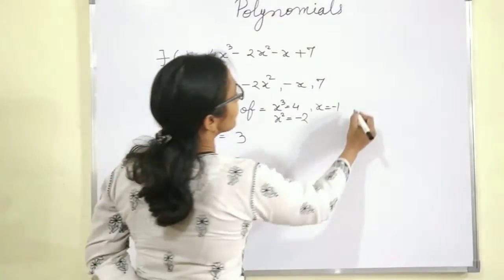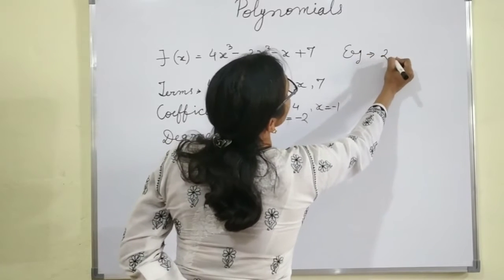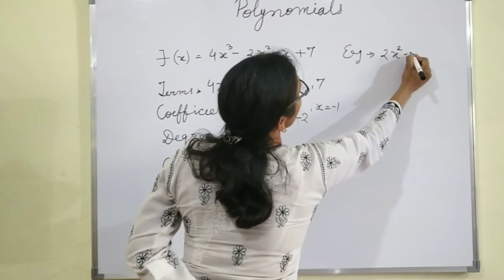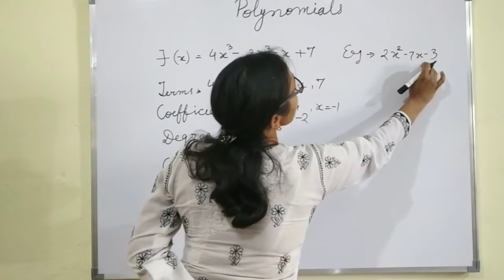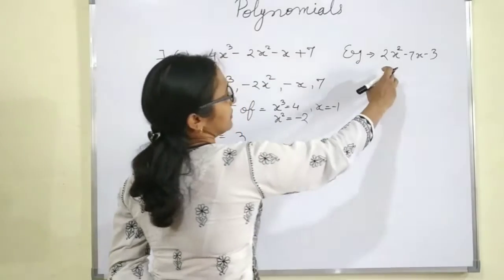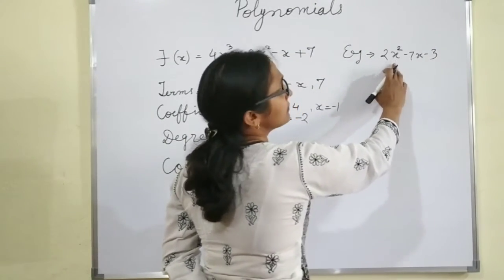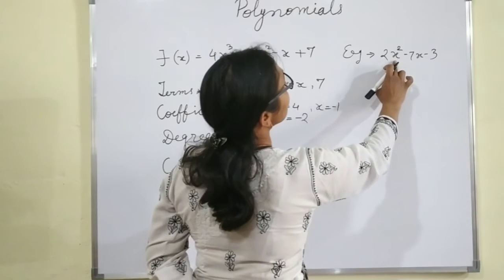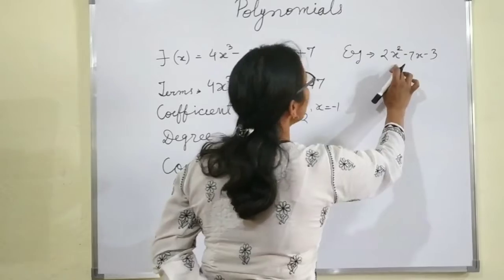If I take another example, 2x square minus 7x minus 3, the degree of this polynomial will be 2, because the exponent of the highest degree term is 2 here.